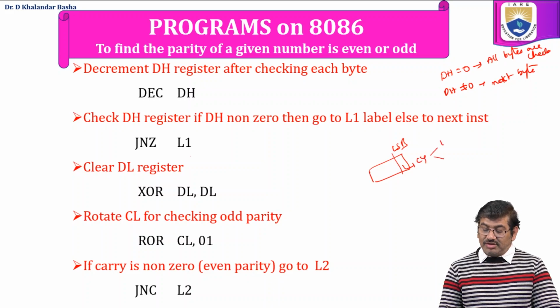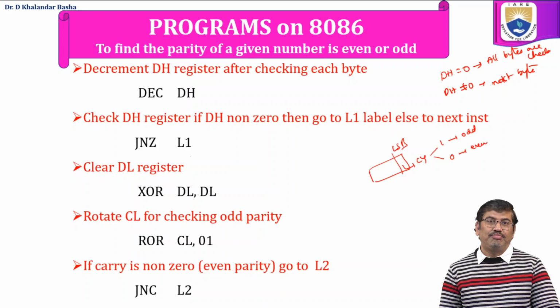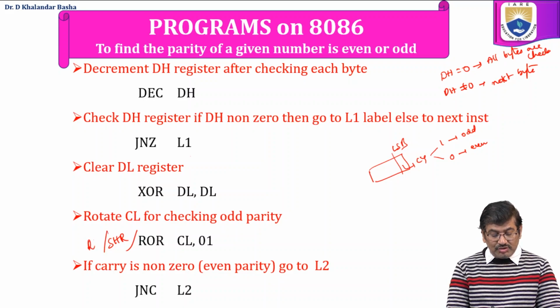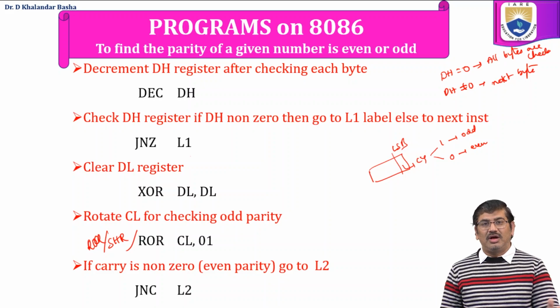When carry flag is equal to 1, what does it signify? Odd parity. When it is 0, it indicates even parity. For that, you can use ROR, or SHR, or RCR, rotate right with carry. All are valid. So I am using the ROR instruction, ROR CL comma 01H.